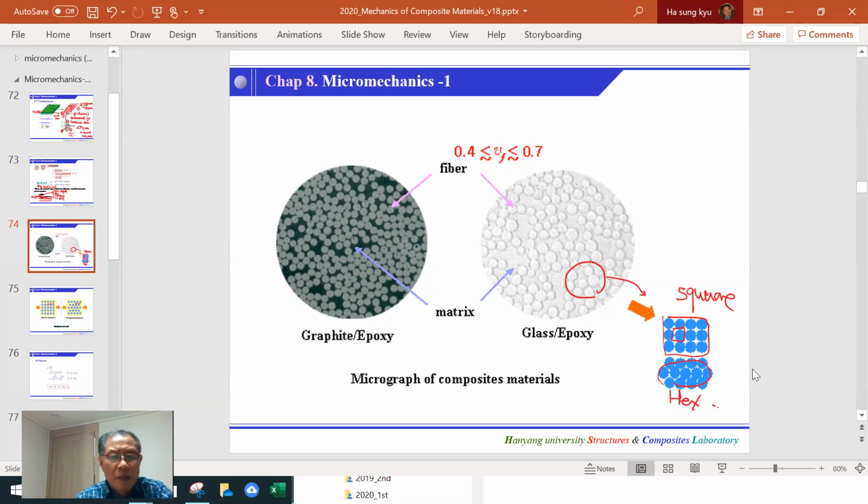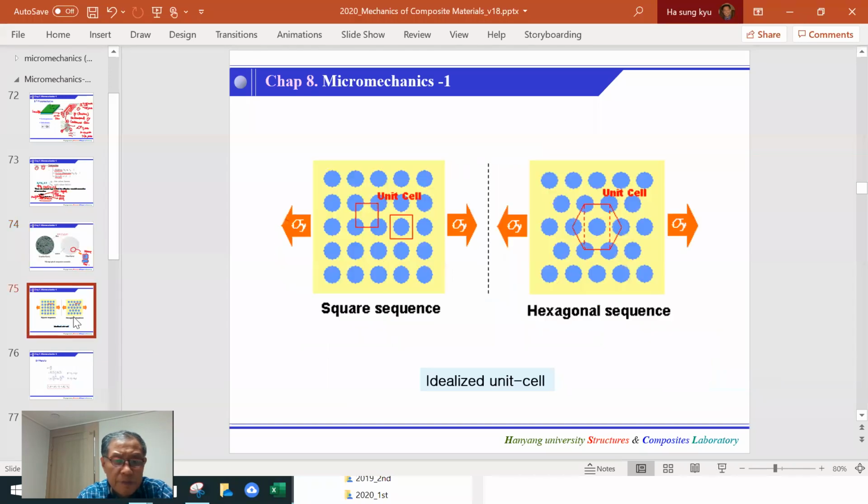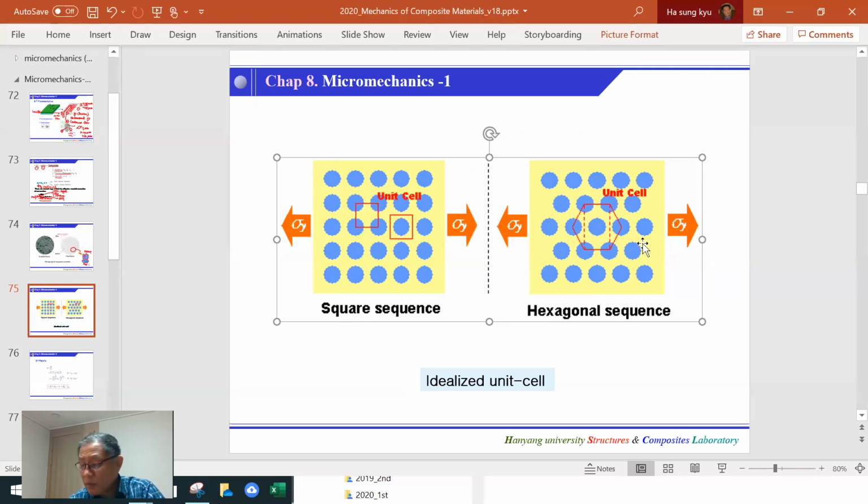Hexagonal. So this is, again, a microscope view of the composite materials. And this is the same slide we already covered, the square model subject to a transverse load. And this is the hexagonal model subject to a transverse load.